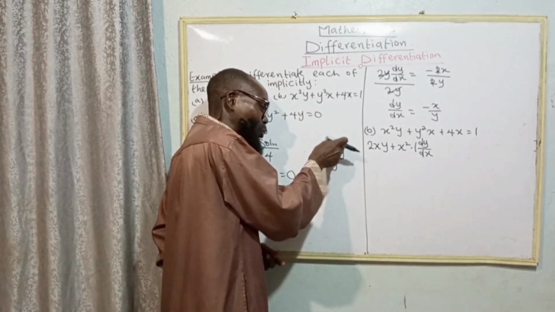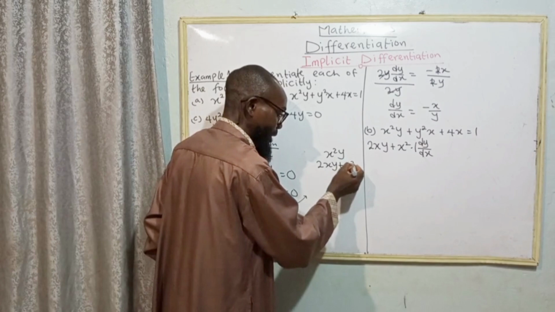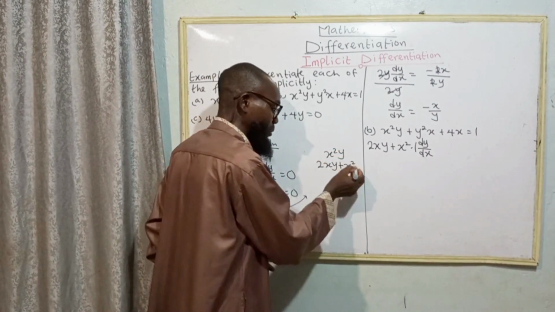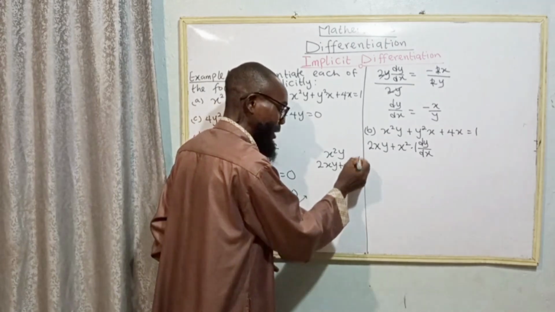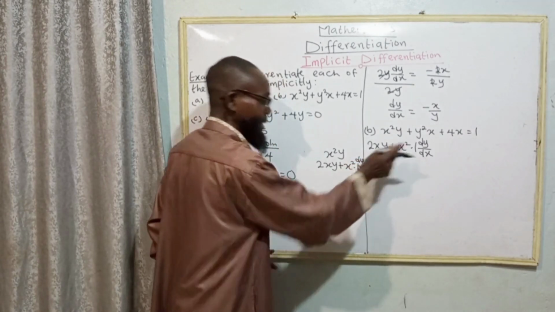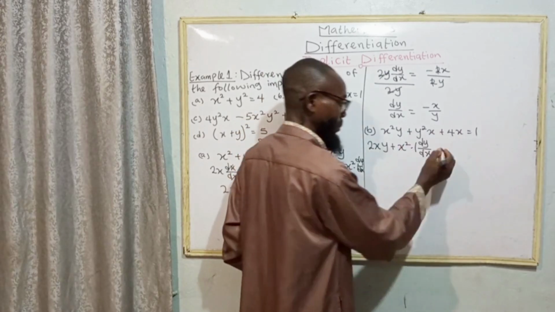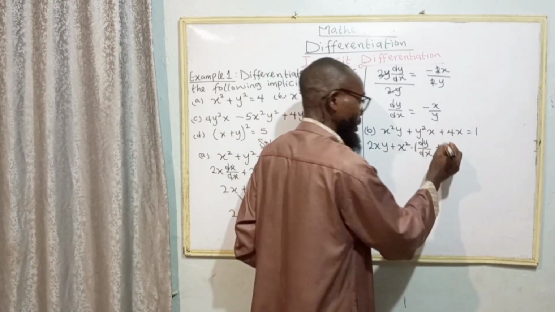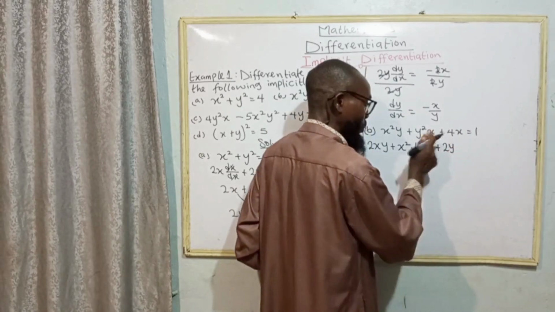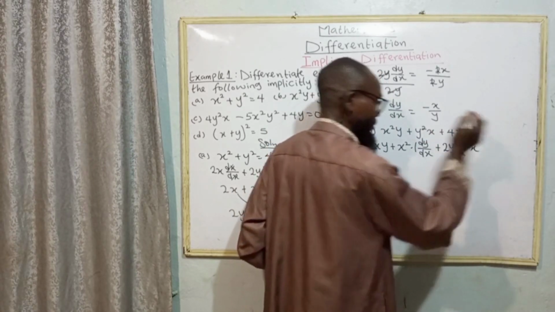Then, if I differentiate y, x squared will stand alone, plus x squared, because I'm not differentiating it. If I differentiate y, it becomes times 1, and because I'm differentiating y, I will now put dy/dx. That is what I'm doing here. Now, I've done this, let me move on to this one. Plus, if I differentiate y squared, x will stand alone: 2y, but I'm going to put the dy/dx. My x is still there.